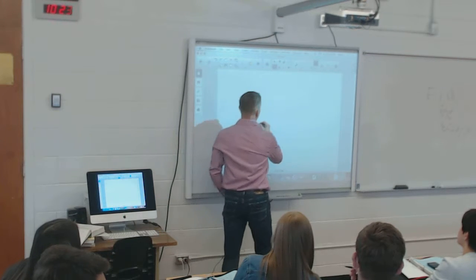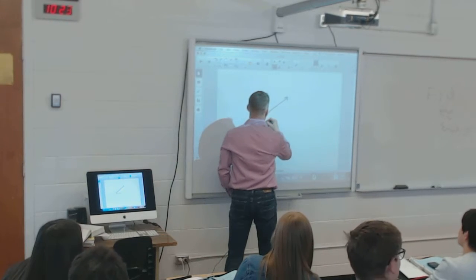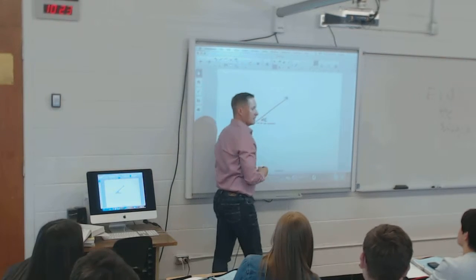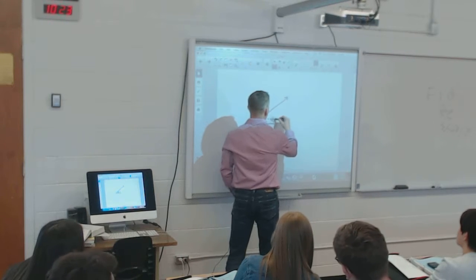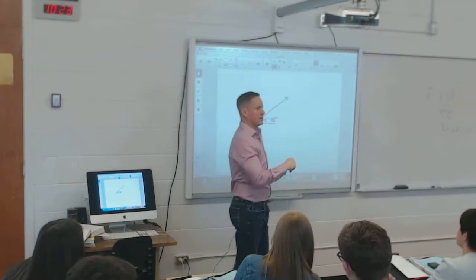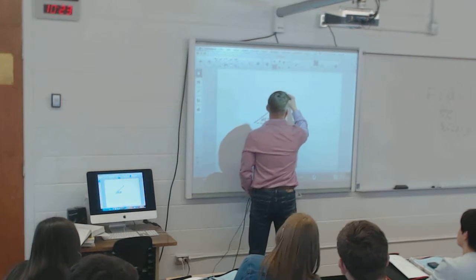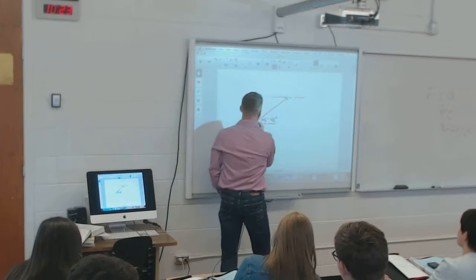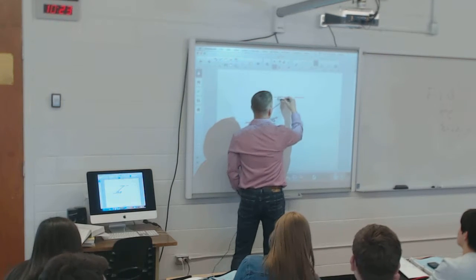Okay, so the pilot wants to fly northeast, right? Northeast is exactly 45 degrees. It's halfway between north and east. So this line is parallel to this line, which makes this angle right here 45 degrees.